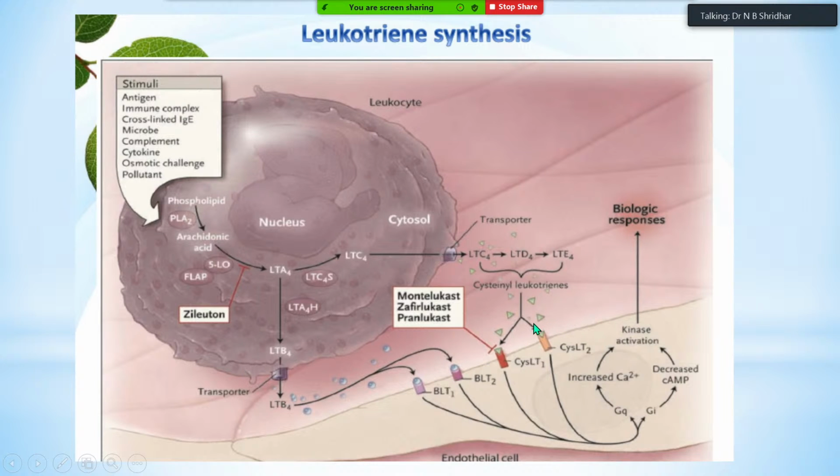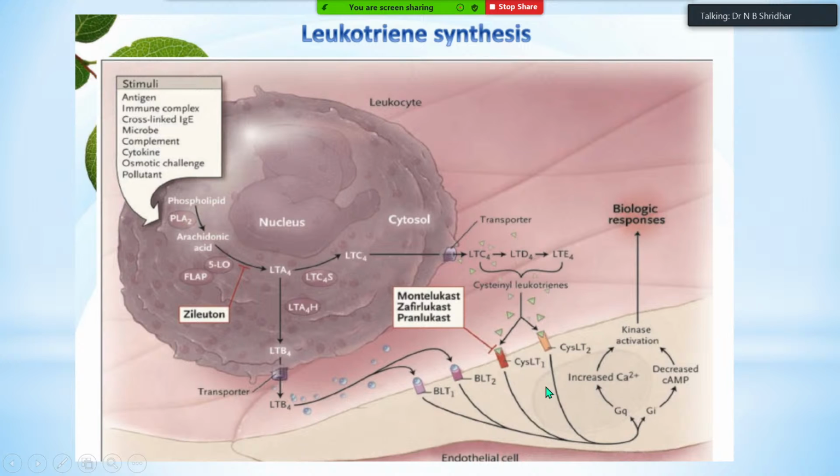So here you can see the CysLT1 and CysLT2 receptors and the BLT2 and BLT1 receptors, through which LTB4, LTD4 and LTE4 act. All these processes, especially the binding of the leukotrienes to the leukotriene receptor, are inhibited by Montelukast, Zafirlukast, etc., and the biological response, especially kinase activation, etc.